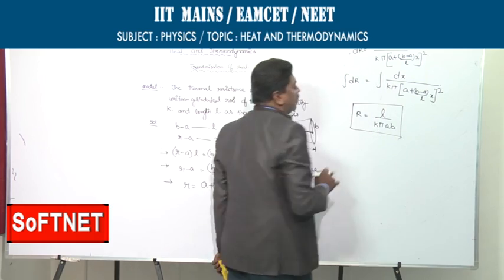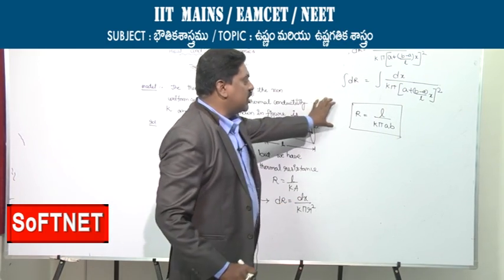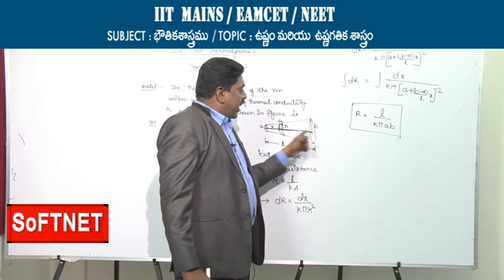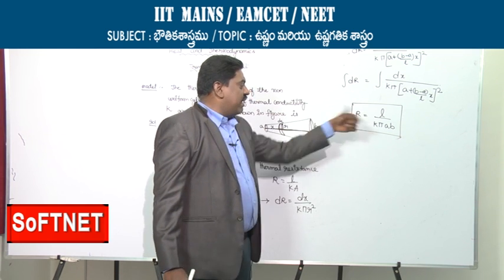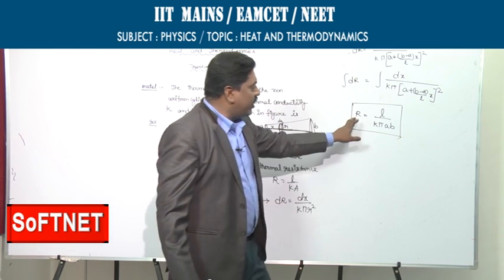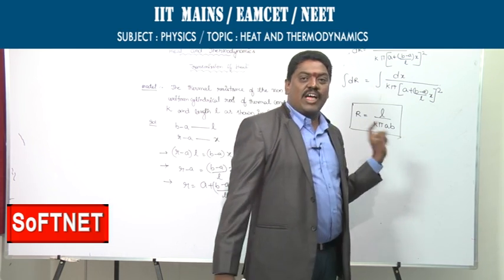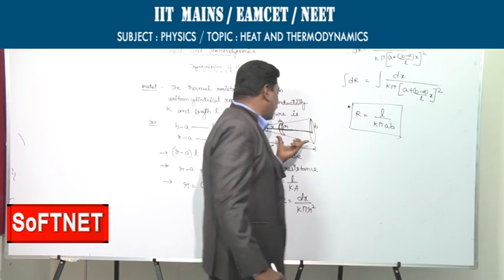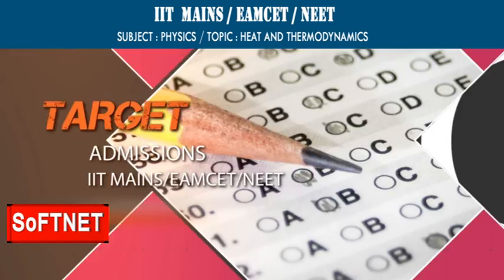Remember this relation for doing the problems in a shortcut manner. Whenever you are given radius a and radius b of the ends and length of the non-uniform rod, you can use this formula directly for finding R. This formula is useful for finding the thermal resistance of non-uniform rods in a direct manner.